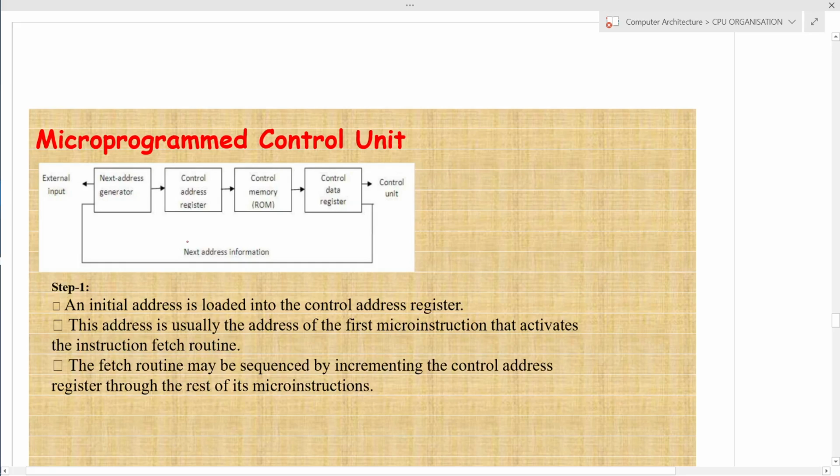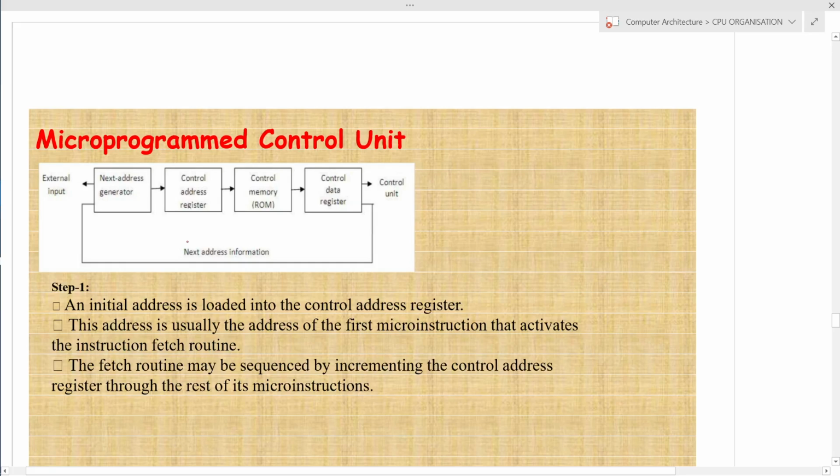Once the information is available from the control store, we have to search for the data for the corresponding instruction from the control data register. And data may be available in different ways depending upon the type of addressing mode. It may be indexed, register based, auto increment, or decrement.